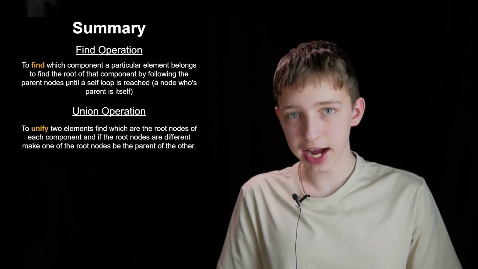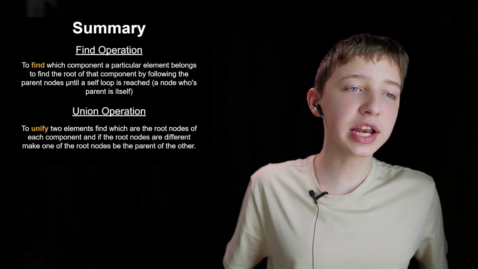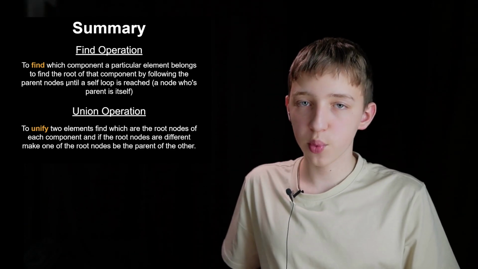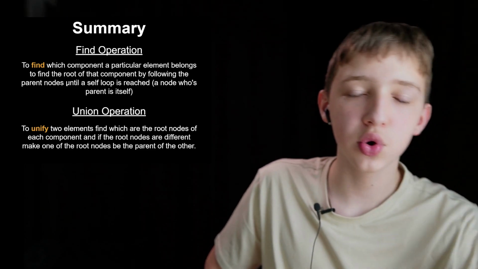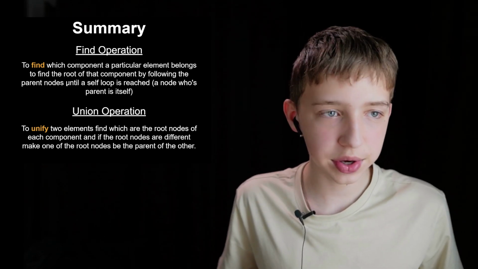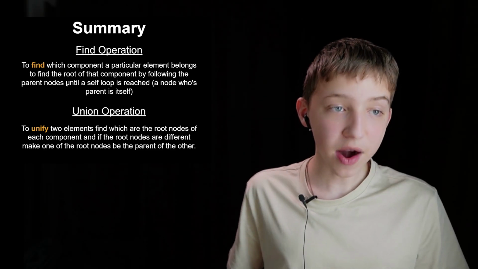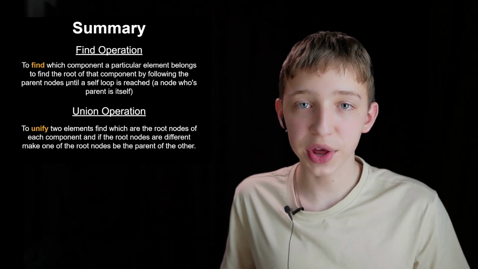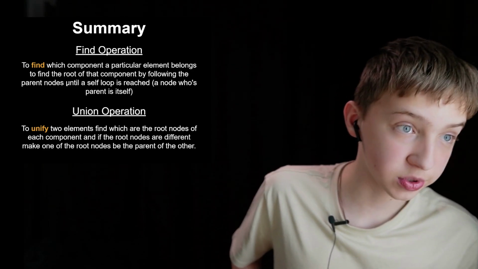For the union operation, to unify two elements, we need to do the find operation to determine the root node of each component, and if the roots are different, we make one of the root nodes the parent of the other, and the parent would be the root of the group that is larger. In this way, we can unify two groups.